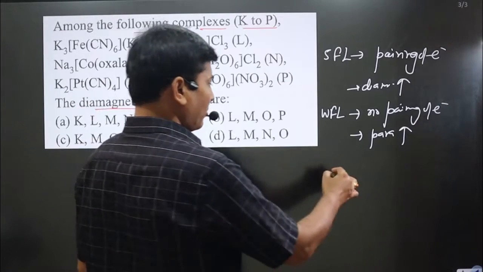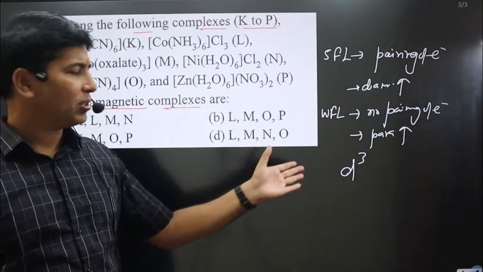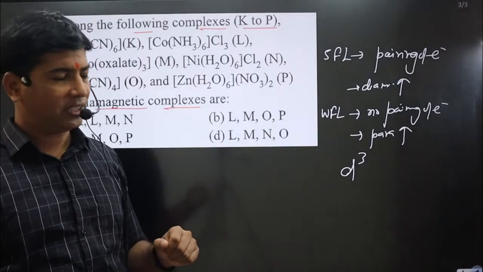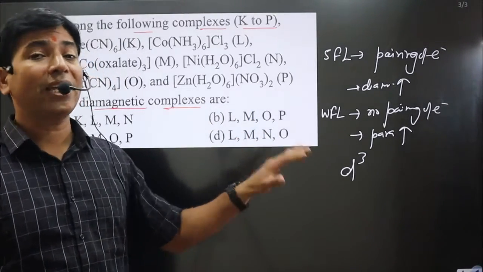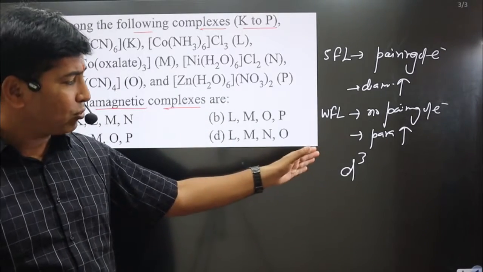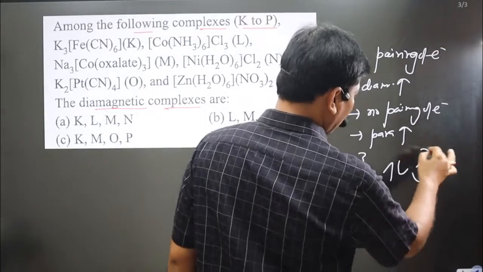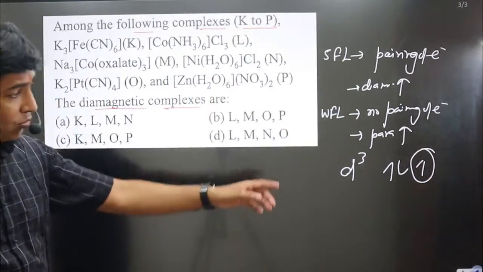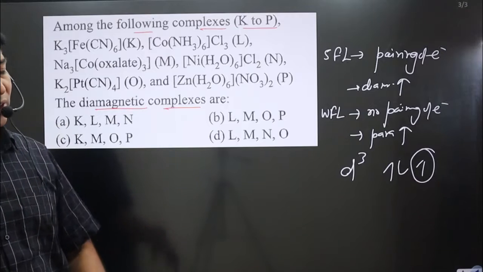Let's say the central metal atom has a d3 outermost electronic configuration. Even if it is attached to a strong field ligand and pairing occurs, one unpaired electron is still left, so it will lead to paramagnetic character. Complete diamagnetic property will not be there.